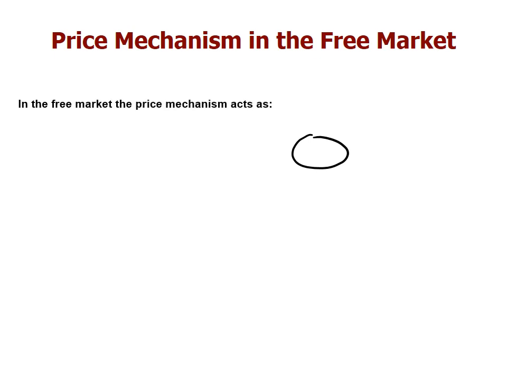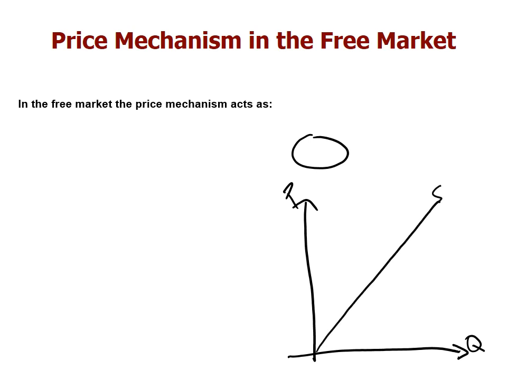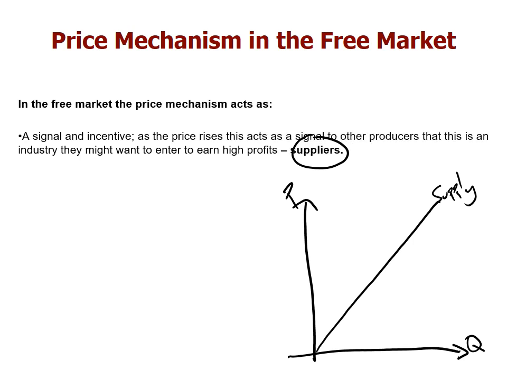So prices rise, number of suppliers rises, supply rises. This is your supply curve. The prices rise, suppliers want to supply more, current suppliers supply more, other suppliers might be interested in entering the market as well.